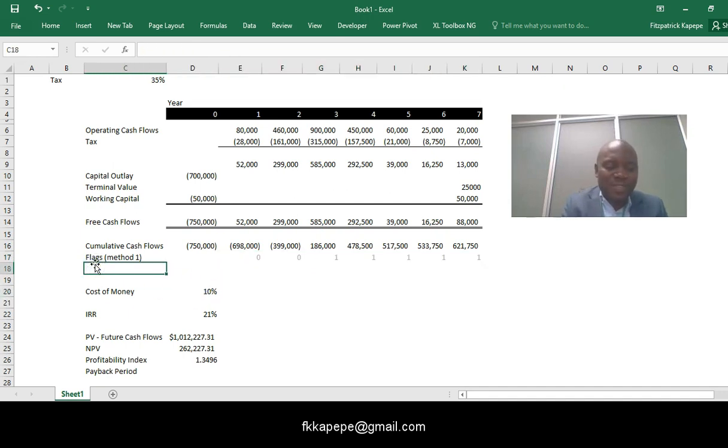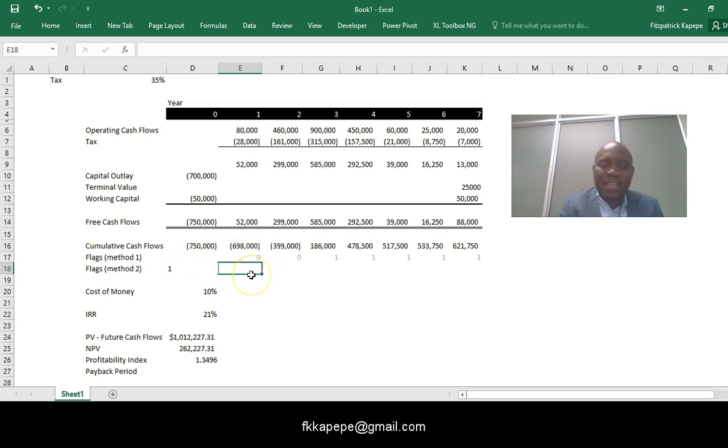Method 2. During construction, you just type 1.